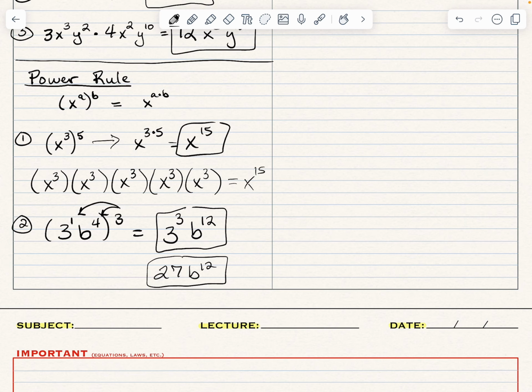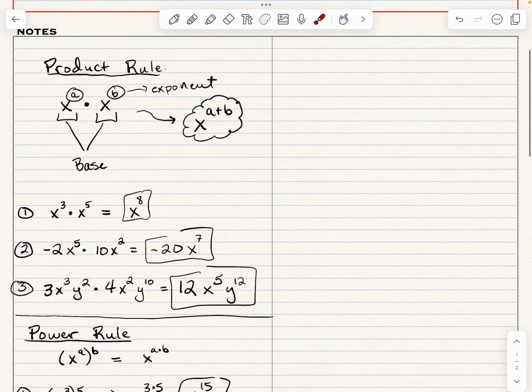So that's 2 cases with our power rule. The exponent on the outside of the parentheses gets distributed in to all of the exponents on the inside of the parentheses, even those that are a 1. And even if this was a fraction and you had numbers in the bottom of your fraction, this would get distributed to those as well.